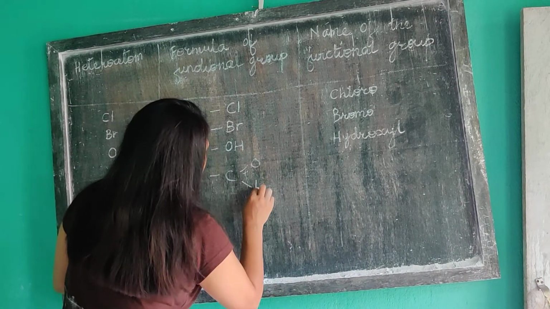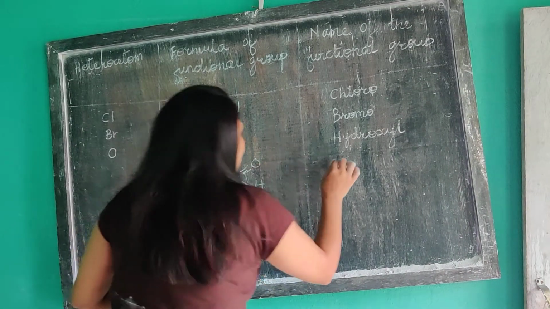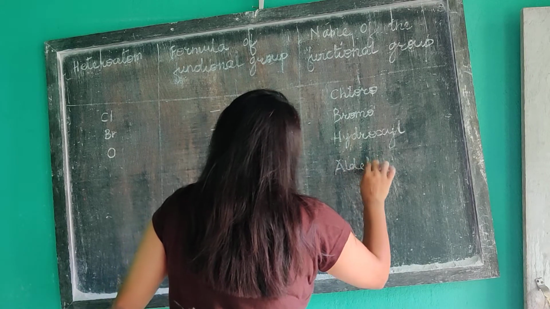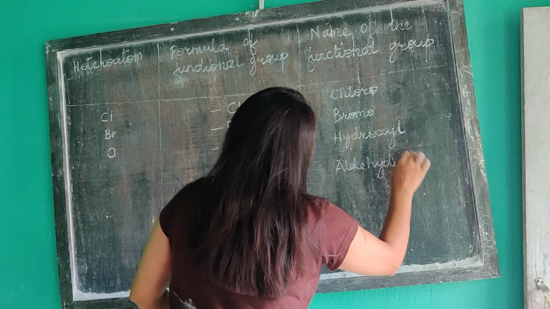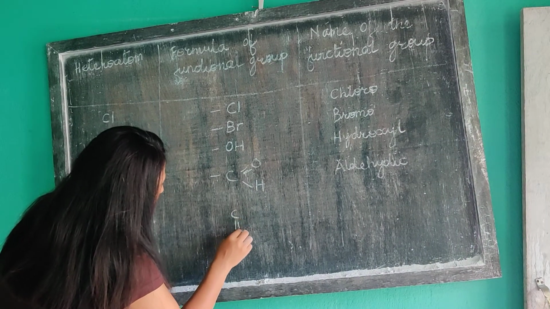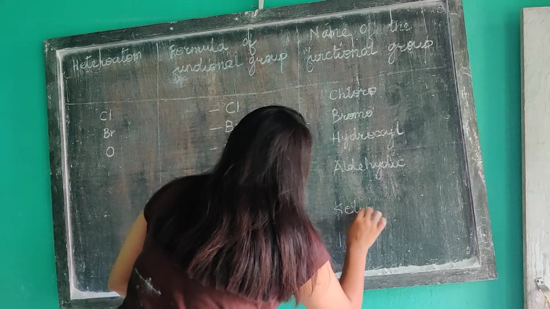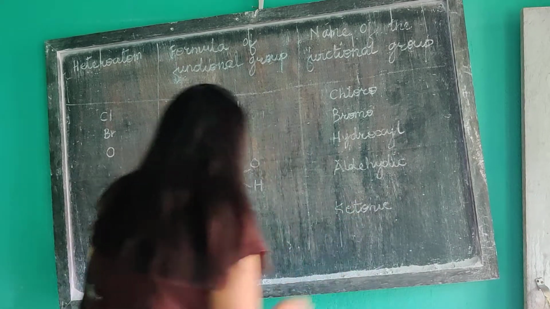OH. So this is the aldehydic group. This functional group is aldehydic group. Next one is ketonic group. This is ketonic group. Here also the heteroatom is oxygen.